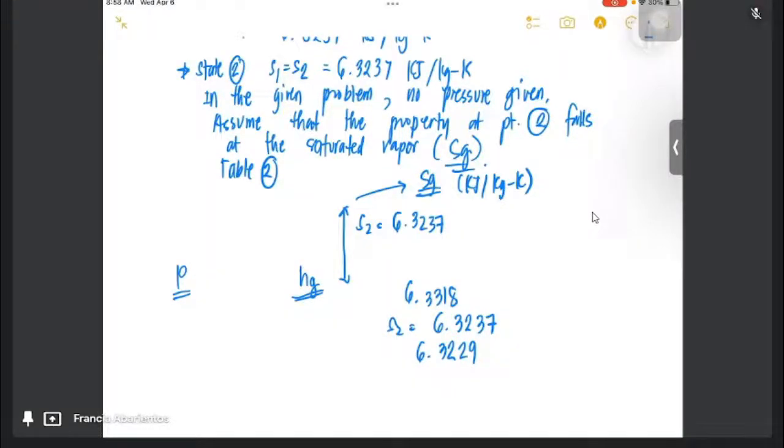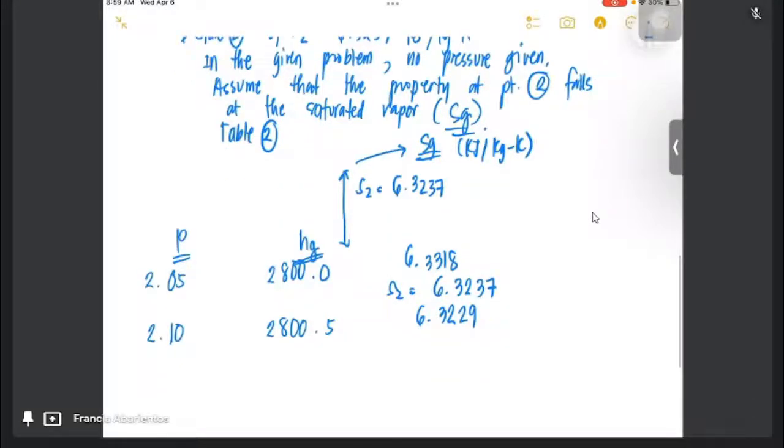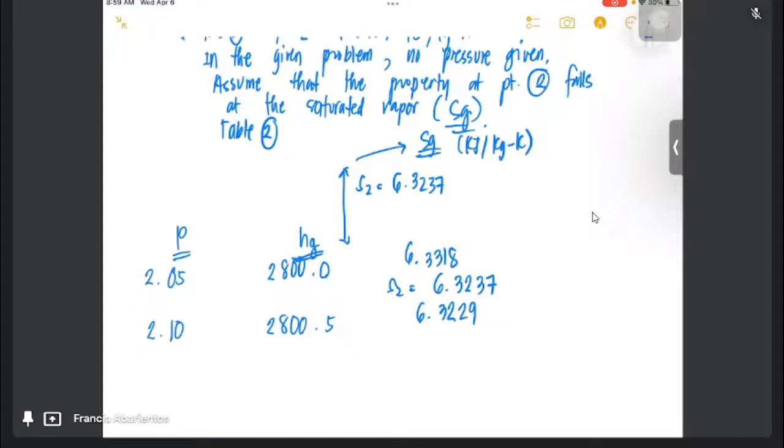So, we have 2,800.0, 2,800.5, and the pressure is 2.05 and 2.10. Sige, paki-interpolate nga. Nasaan na yung calculator ko? Sige, interpolate nyo class yung property natin at 0.2.